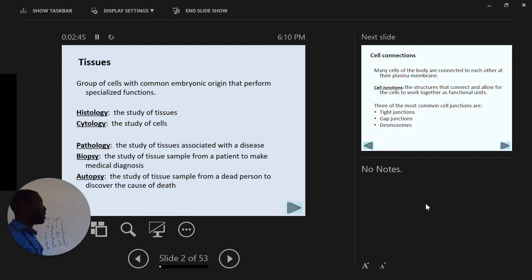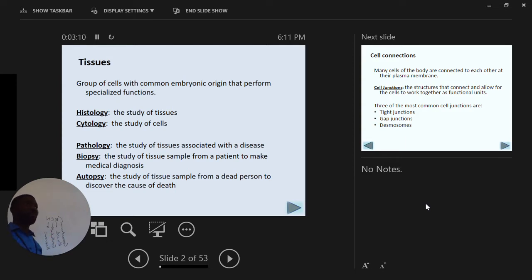Then biopsy is the study of tissue samples from a patient to make a medical diagnosis. So sometimes when people have disease, we take the tissue and analyze it, that is biopsy, to know what the problem actually is.